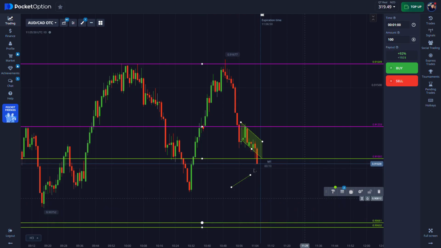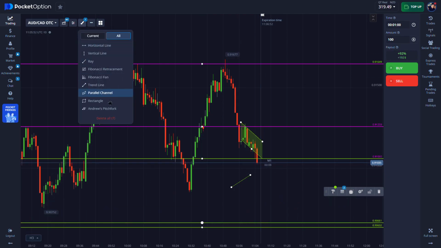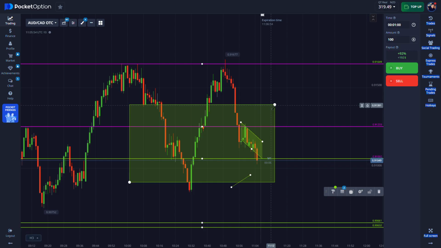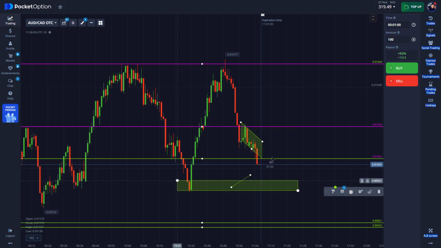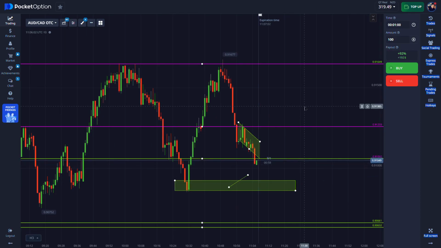Yeah, put it down. Nice demand area, could be going towards it too. Give it a breakout, retest. Look to take it to the downside.